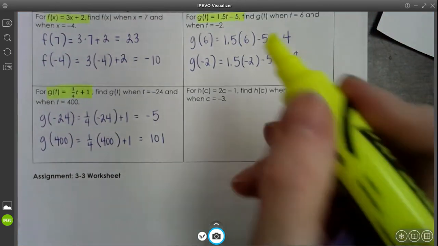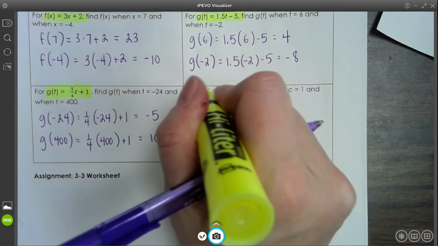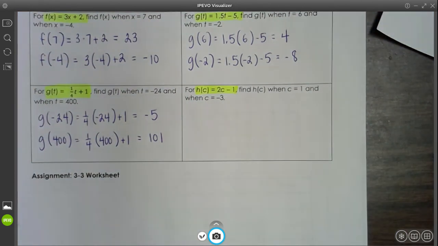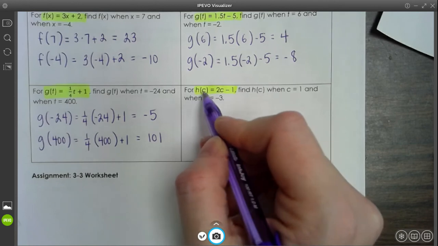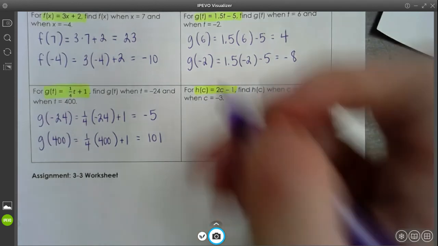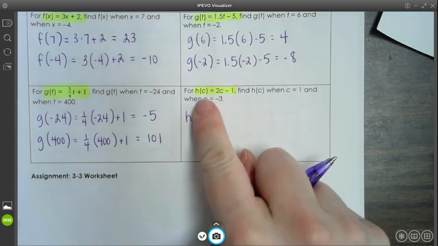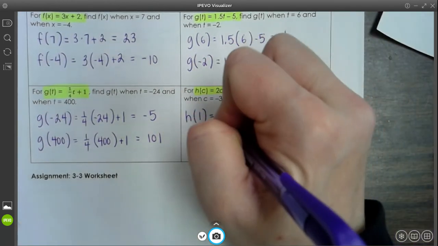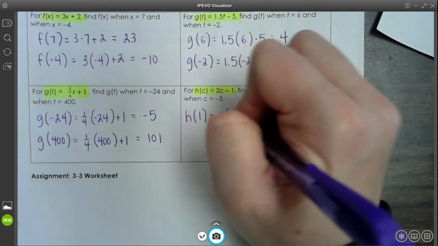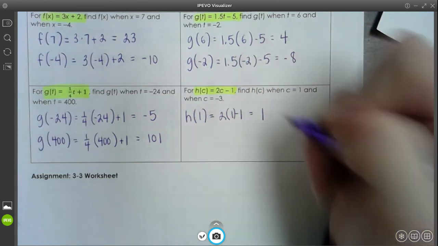Okay, and then the last one, we just have a different function with the letters h and c. H is like just the name of the function. C is my x value, really. So h, the first thing I'm going to do is replace all the c's with a 1. So h of 1 is 2 times 1 minus 1, which is 1.